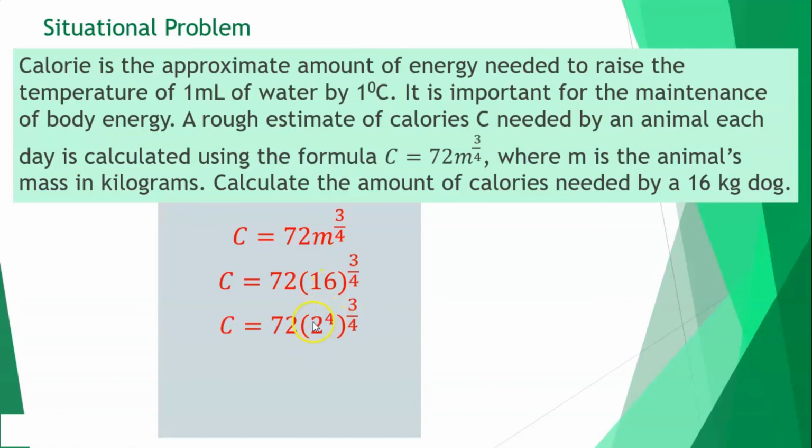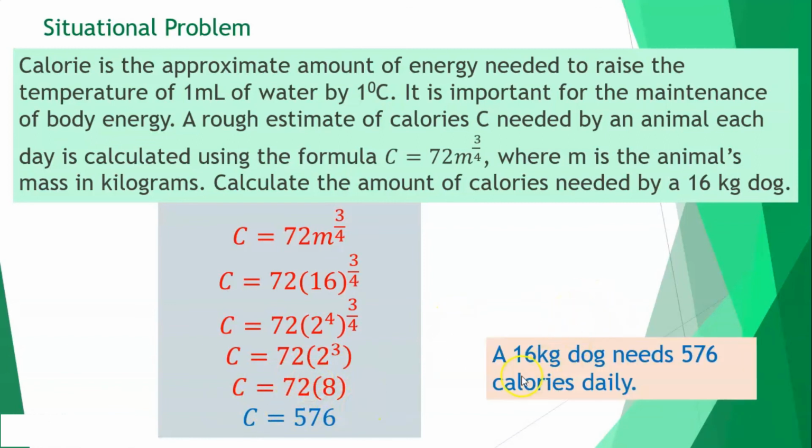So with this, we can cancel 4 and 4. So that would become 72 times 2 to the power of 3, which is 8. So simplifying further, the answer would be 576. So therefore, a 16 kilogram dog needs 576 calories daily.